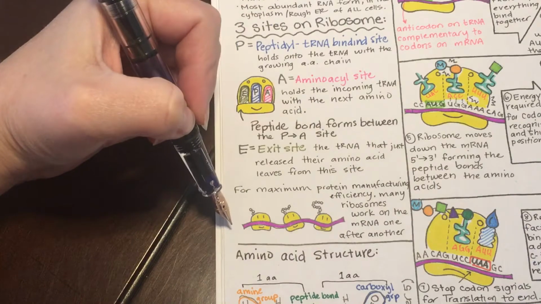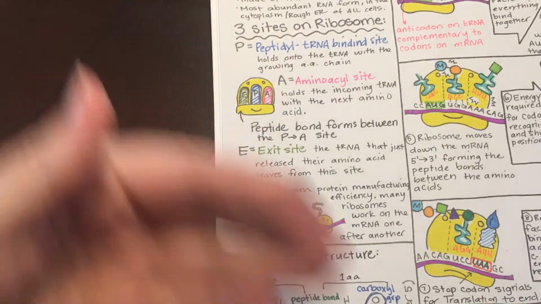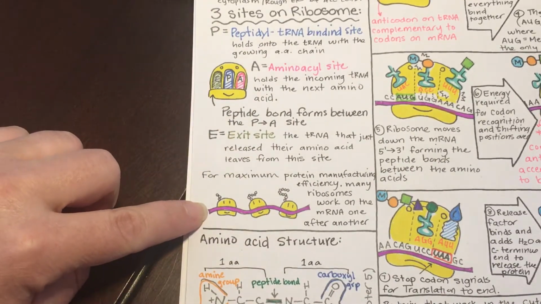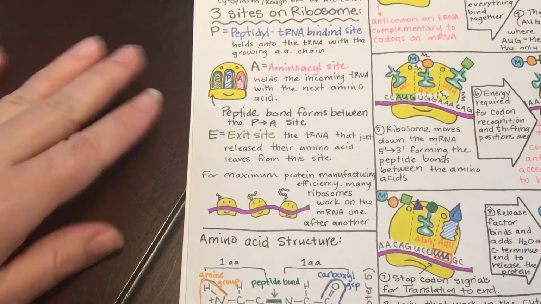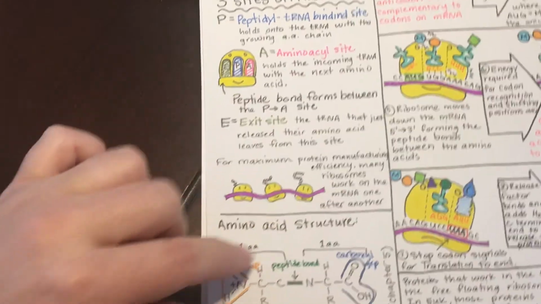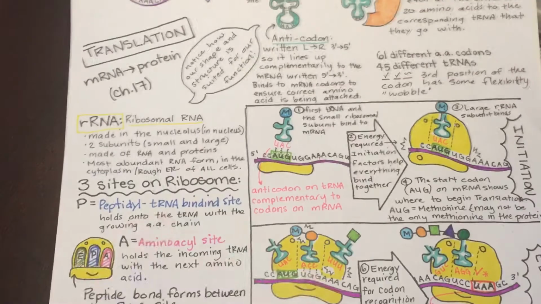So this is a way that ribosomes can maximize their efficiency and just follow each other down the mRNA. Kind of like at Wild Waves, they don't wait for the person to get to the bottom of the slide before they let you go. They're just going to let people go the moment there's room. I'll talk about amino acid structure and protein folding at the end, so we'll leave that down there.